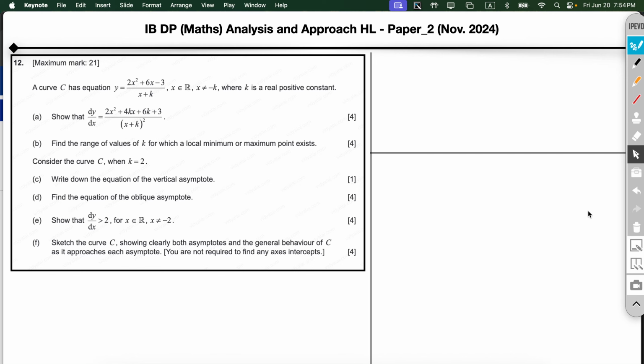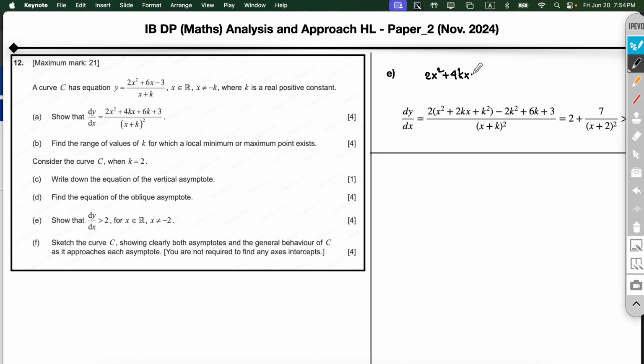Then it asks to show that dy/dx is greater than 2 if x is not equal to minus 2. So let's see that. dy/dx, as we have derived before, can be written as, so this 2x squared plus 4kx plus 6k plus 3 can be rewritten in this form, again completing the square and keeping the other terms.